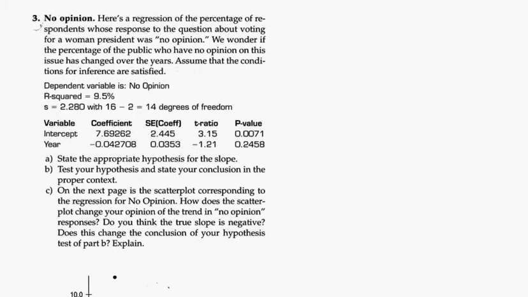This particular problem is a follow-on from the first problem, where we were looking at the percent of people willing to vote yes for a qualified female candidate for president. In that survey, there's also a measurement of the people that have no opinion. And we're interested to see if that group is changing.